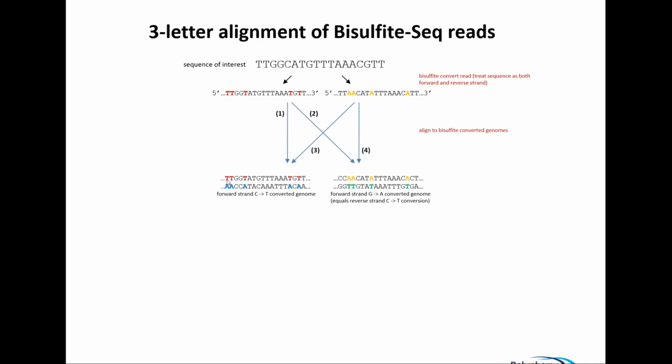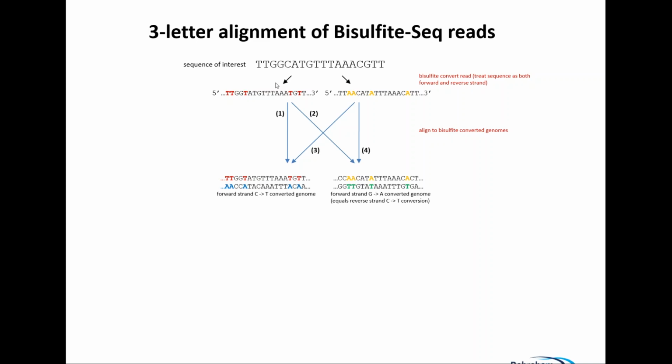Okay, but we need to do this for the top and bottom strand separately. And we also need to perform this C to T conversion of the top strand of the genome, but we have to do this only once. And we also need to do a C to T conversion of the bottom strand, which is equivalent to a G to A conversion of the top strand. So we need to have 2 copies of the genome, which are bisulfite converted in silico, and then we index those so we can align against them.